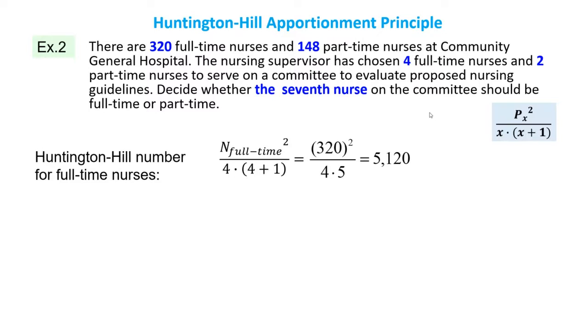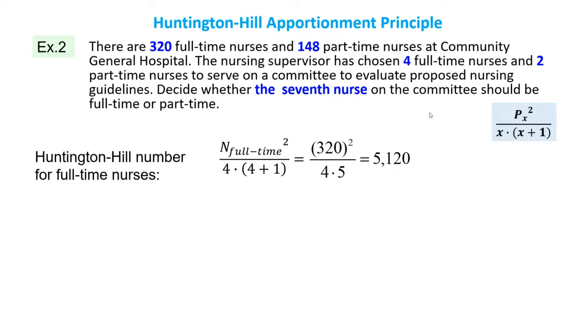First group, full-time nurses. Square the population divided by the present number of representatives and divided by present plus 1, 4 plus 1. So if you use your in-hand calculator, there is a possibility to make a mistake. You take 330, you square this, then you divide by 4, and then you multiply by 5. It's not correct, because if you type divide by 4, multiply by 5, it will multiply the whole fraction by 5.